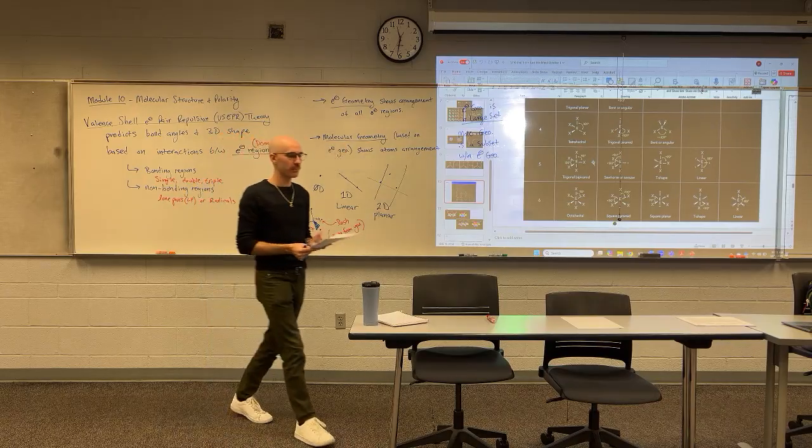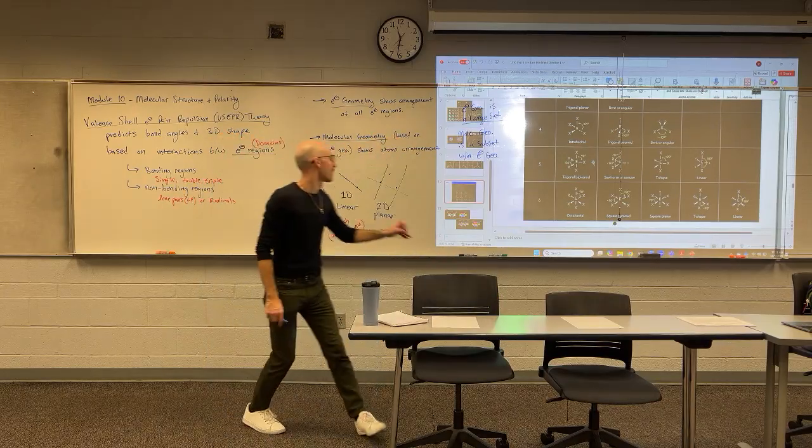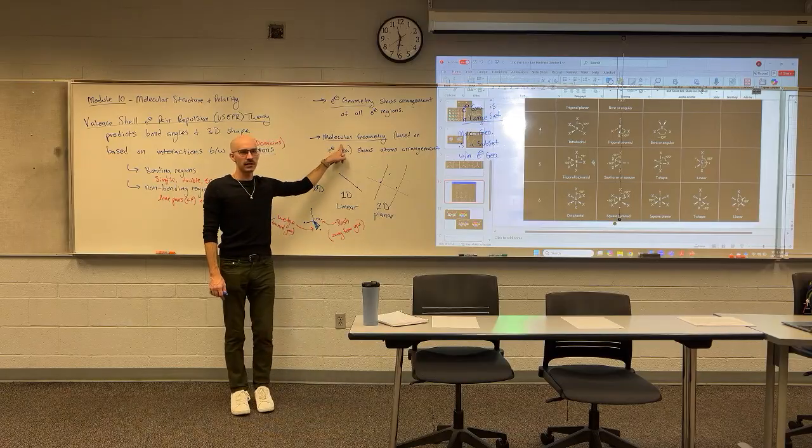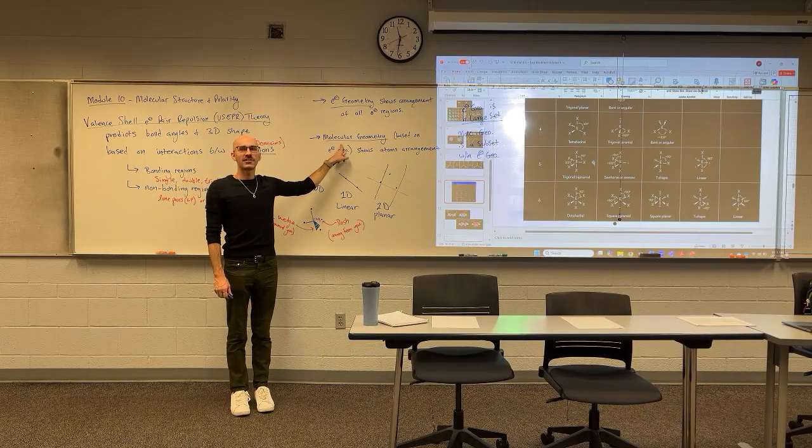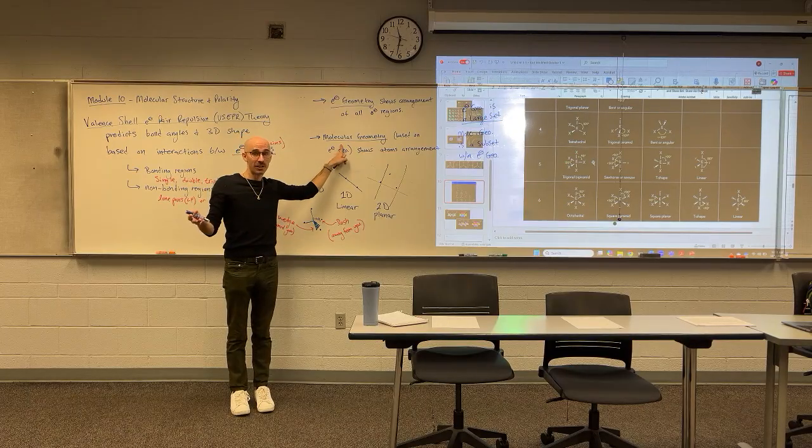This is a bit of a confusing thing about the name molecular geometry. It's subjective to a specific atom. Many molecules, most molecules, have multiple molecular geometries. Does that make sense?